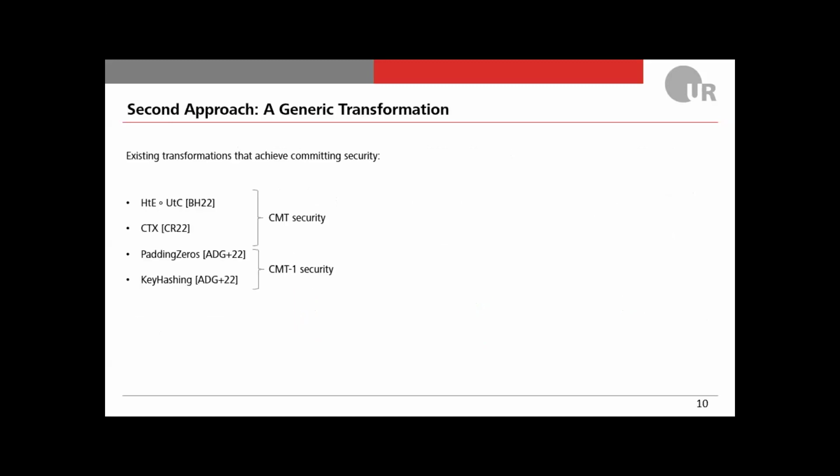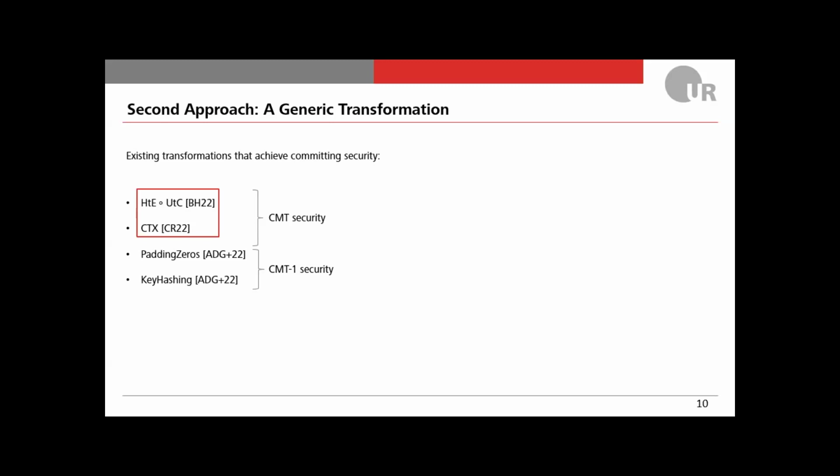And this is why, as a second approach, we consider generic transformations. So there's already a number of existing transformations that achieve committing security. However, as far as we are aware, there are only two that achieve the strongest form, which is the one we consider in our paper, so CMT security.